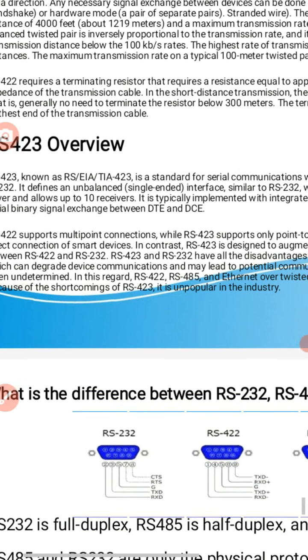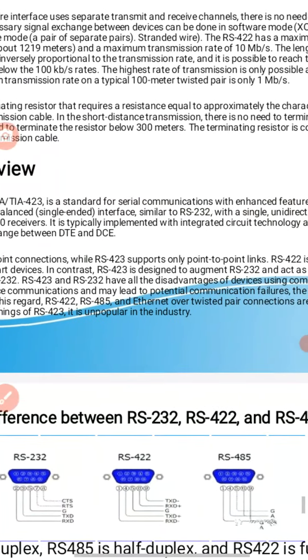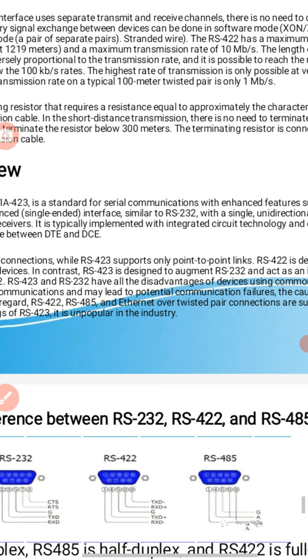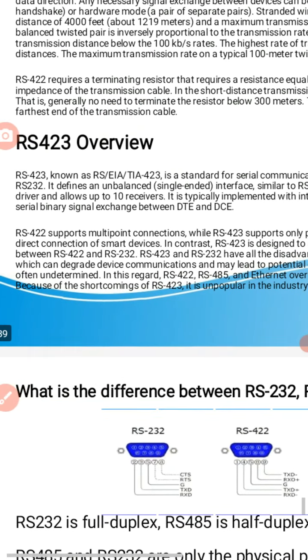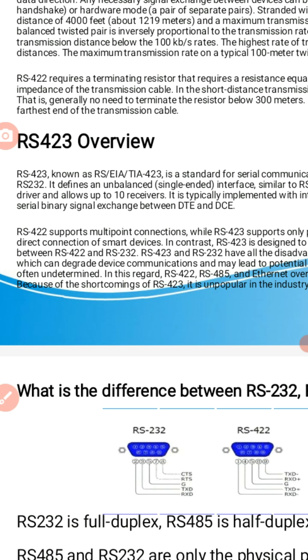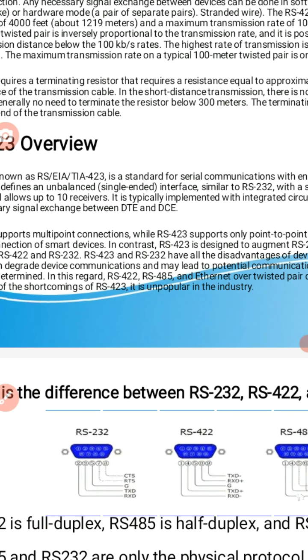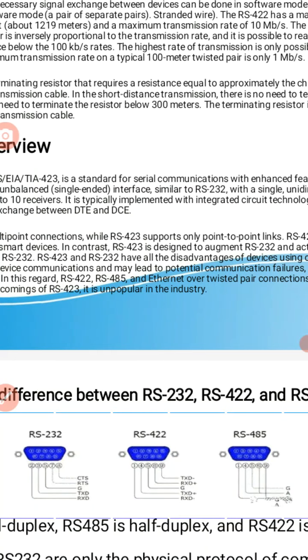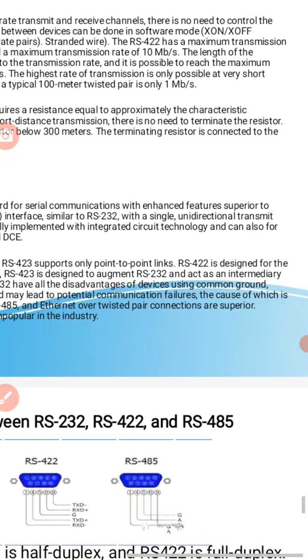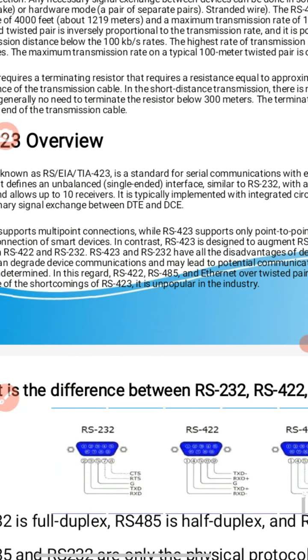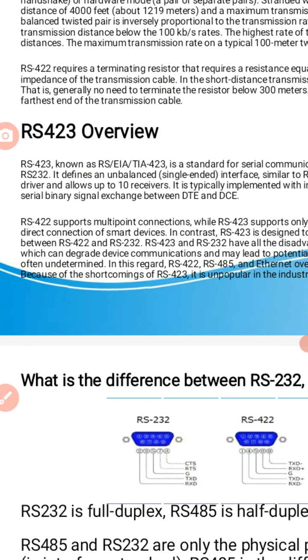RS423 and RS232 have all the disadvantages of devices using common ground, which can degrade device communication and may lead to potential communication failures. The cause is undetermined.